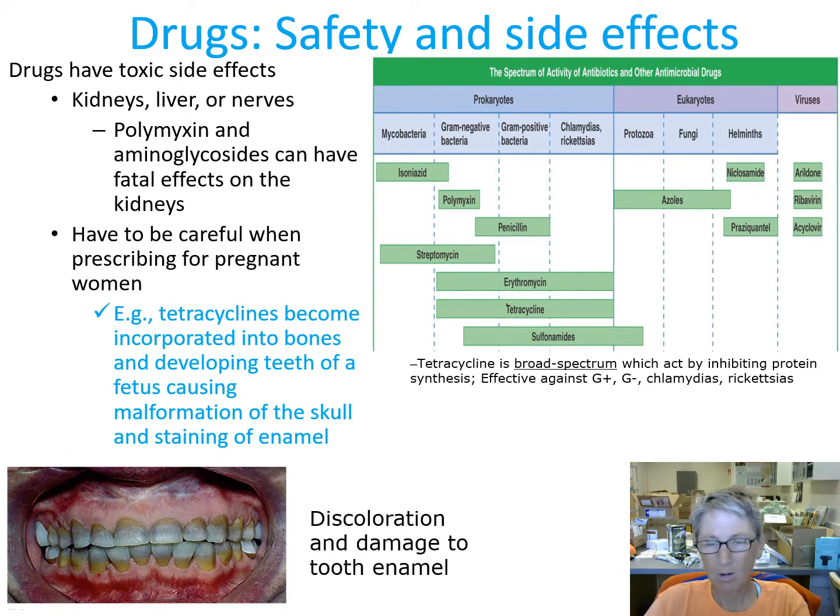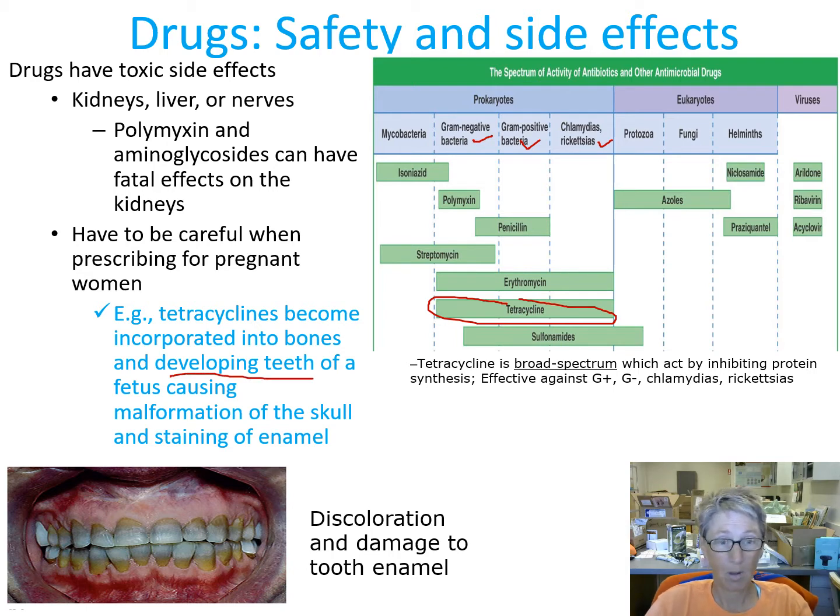Tetracycline, so here, tetracycline is a broad spectrum drug, and it acts by inhibiting protein synthesis. And it's effective against gram-negative, gram-positive, chlamydia, rickettsias, but the side effect is that it becomes incorporated into bones and the developing teeth of a fetus.